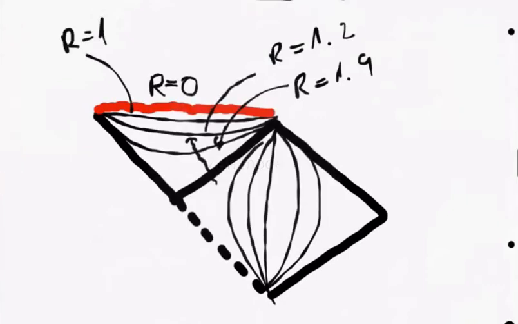When you get to r equals 0, bad things happen. The metric becomes singular. The metric becomes infinity there, and the curvature of the metric also becomes infinity.